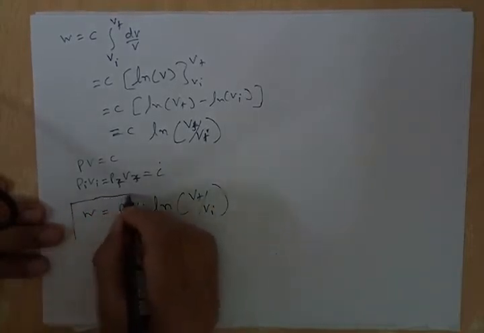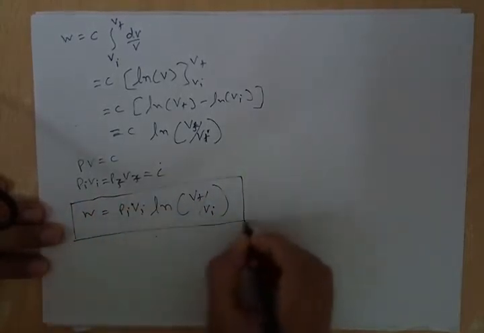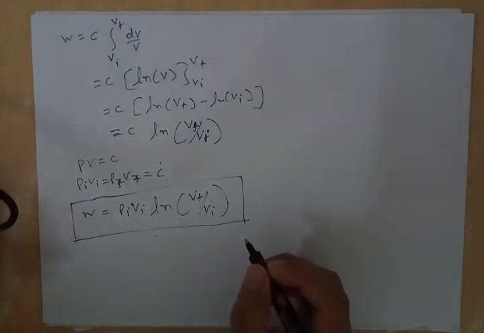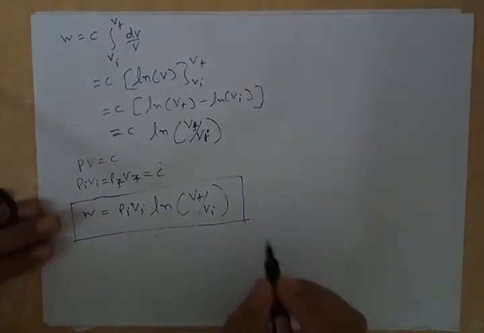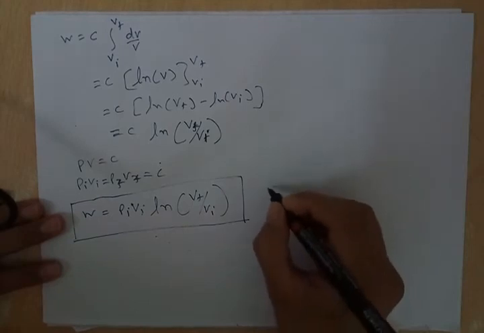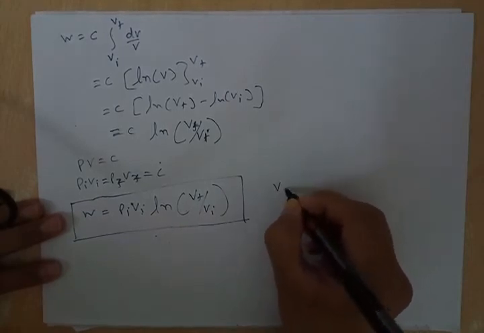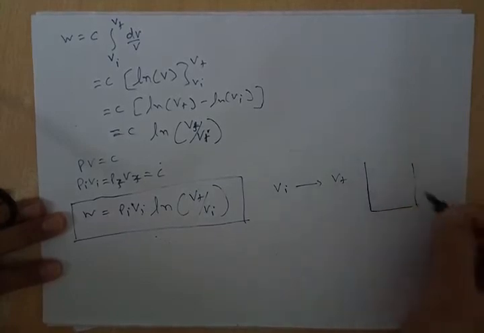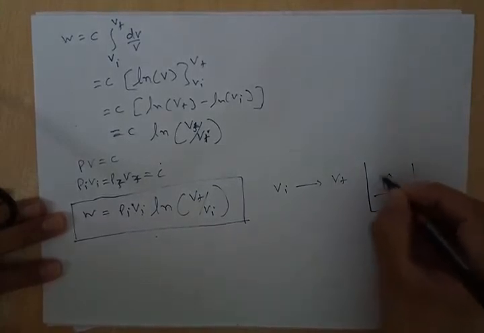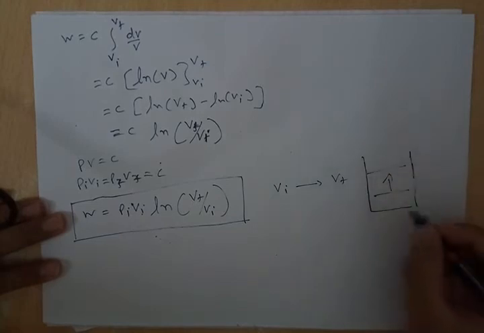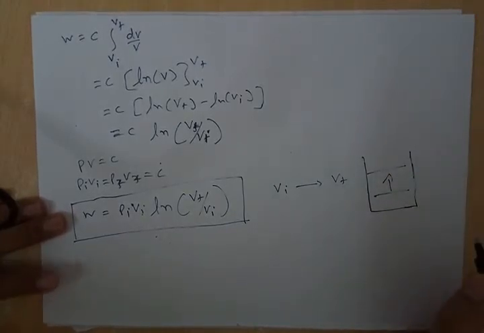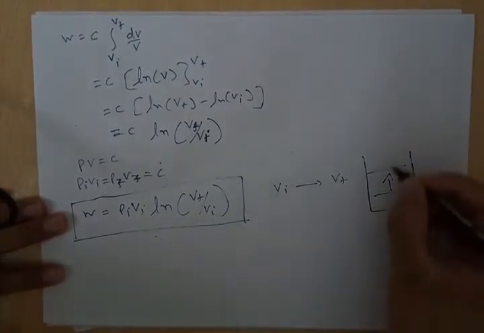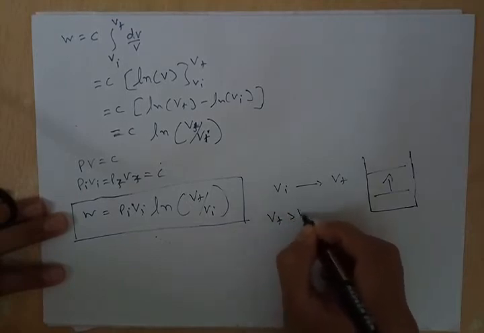So this final equation gives us amount of work done by the system when it expands from initial volume Vi to final volume Vf. Now final volume here is greater than initial volume.